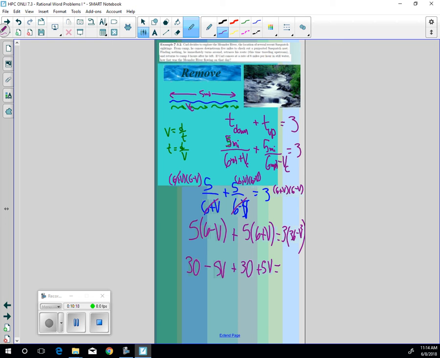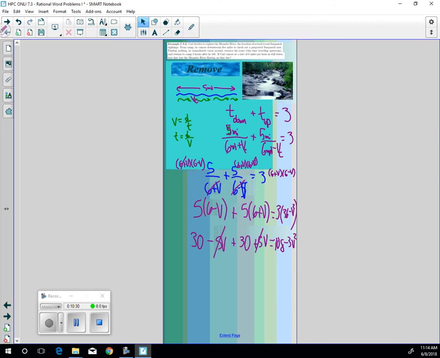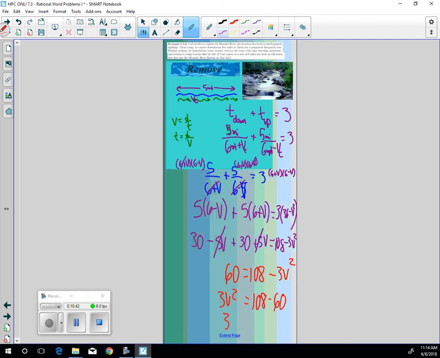But of course, you're going to get 108 minus 3v squared. So these are going to cancel out, and you're going to get 60 equals 108 minus 3v squared. 3v squared equals 108 minus 60.